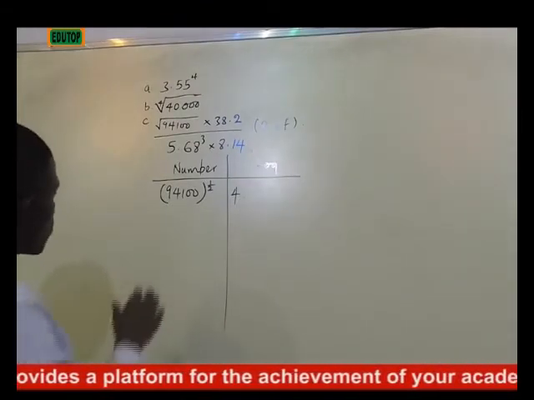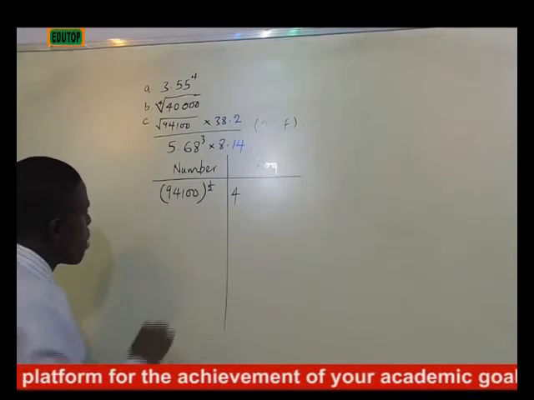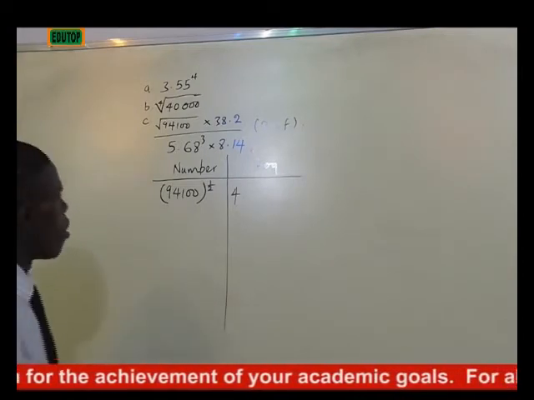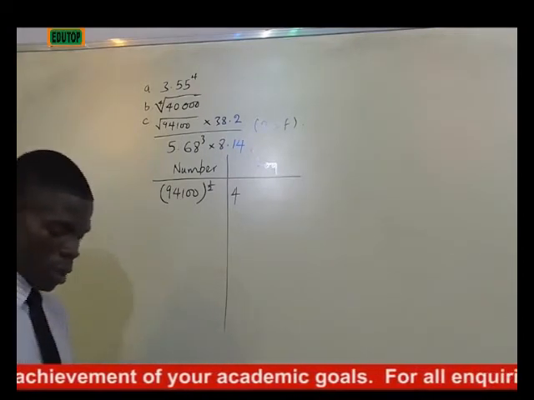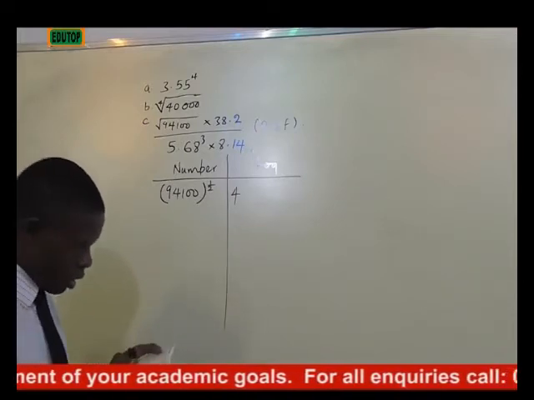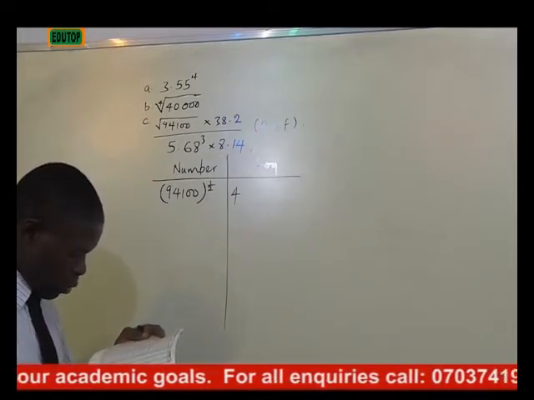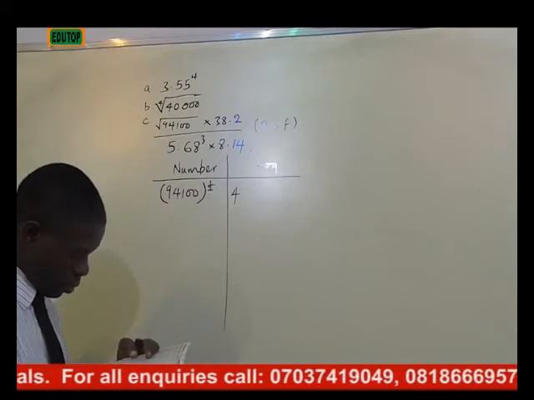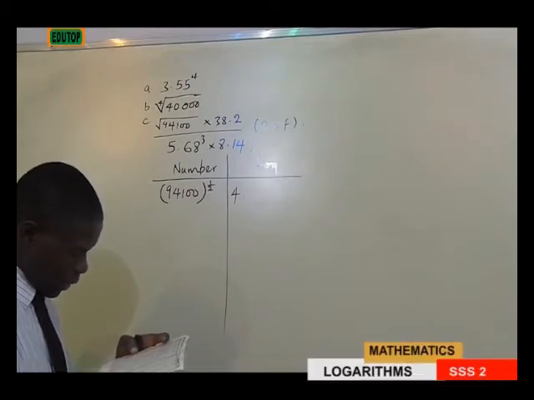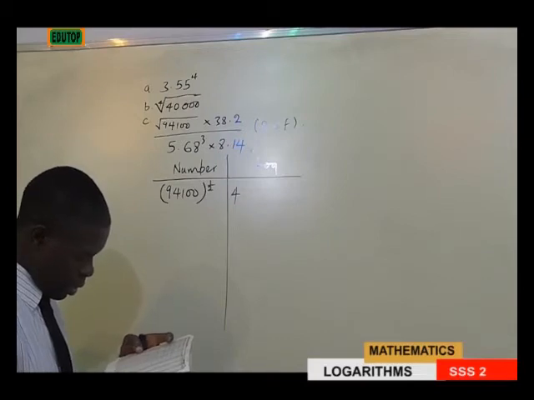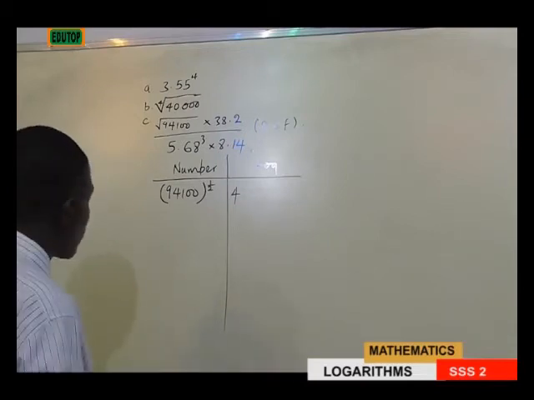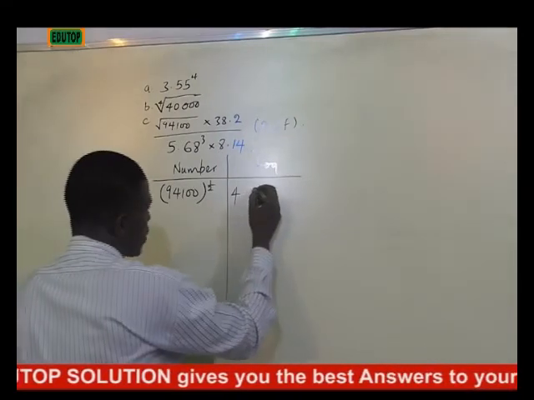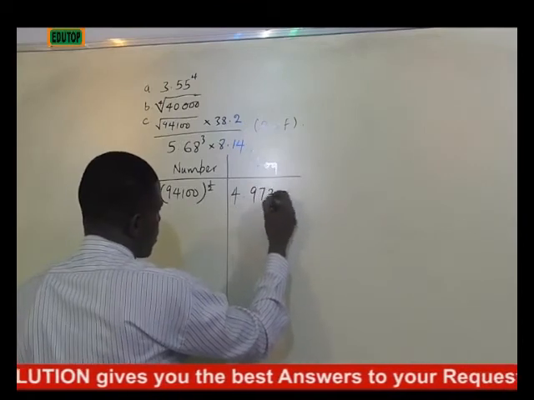Then we go to logarithm of number and check for 94 under 1, which will give us 9736. So we have 4.9736.